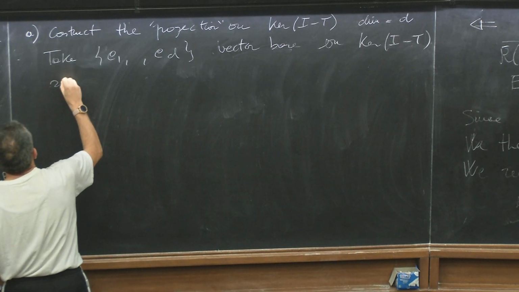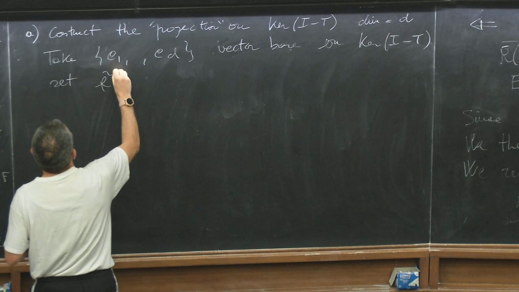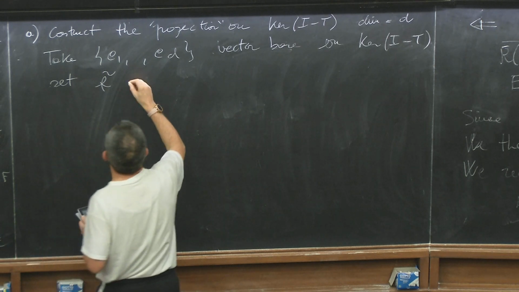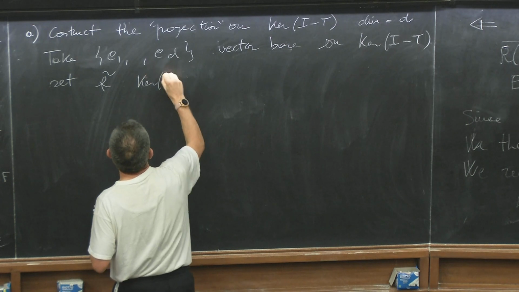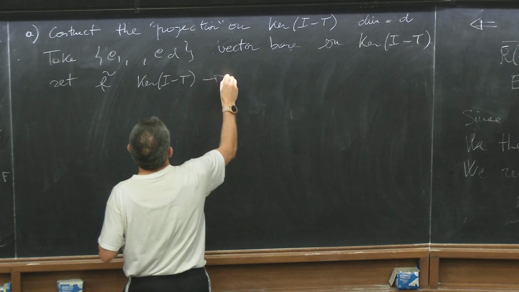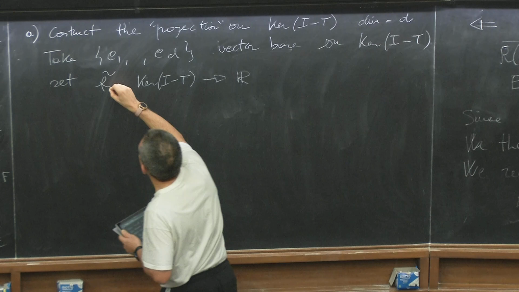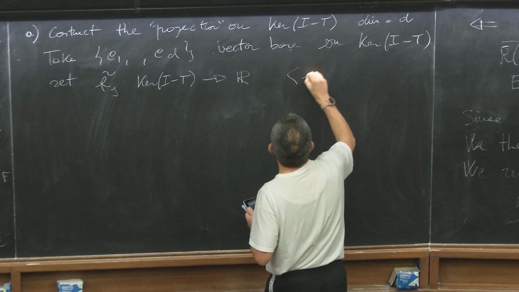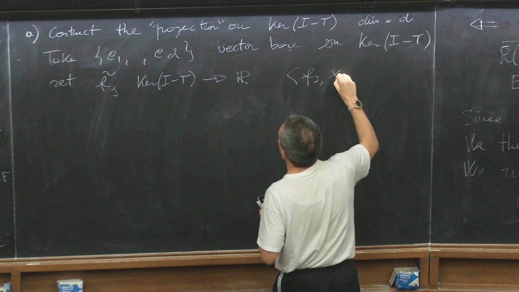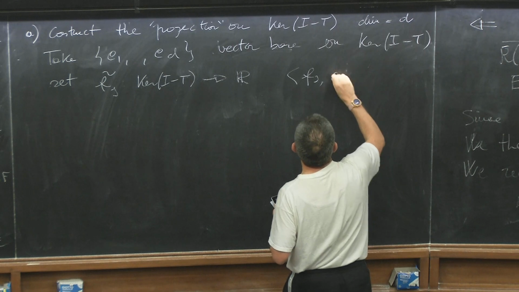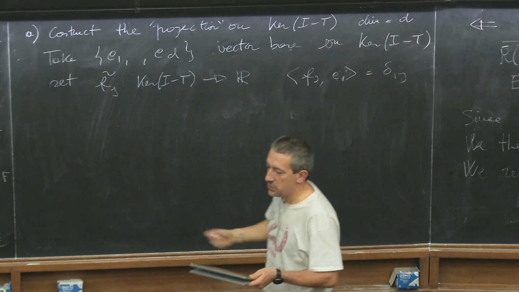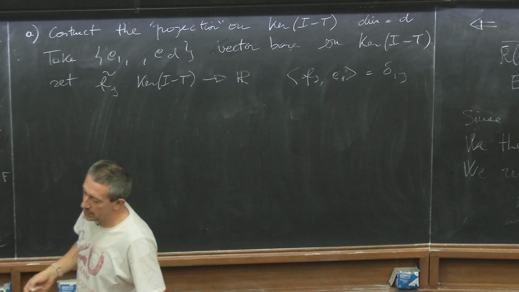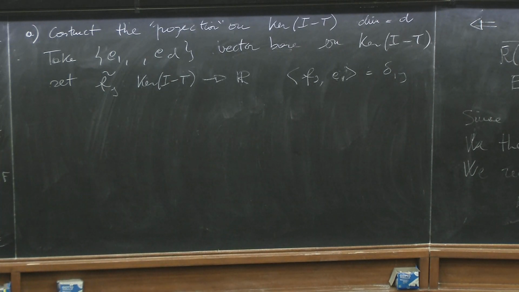The set f tilde, okay, is equal, let's say, from the kernel into R with the properties f tilde j of ei is equal to delta ij. And I have it because this is finite dimensional.